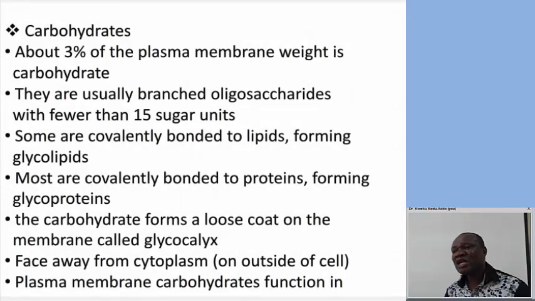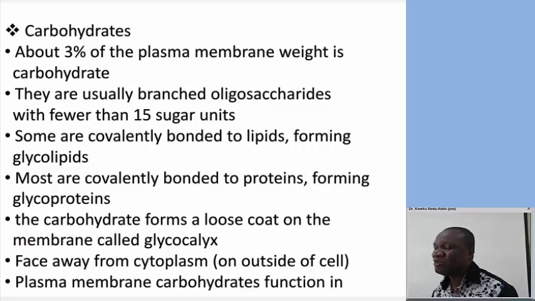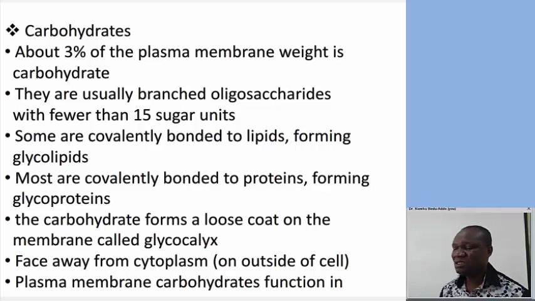Now we have the carbohydrates. We said the plasma membrane is a fluid mosaic of lipids, proteins, and carbohydrates. The carbohydrate composition in the lipid bilayer is low, about 3%. And the carbohydrates that are found in the lipid bilayer are short-chain carbohydrates.